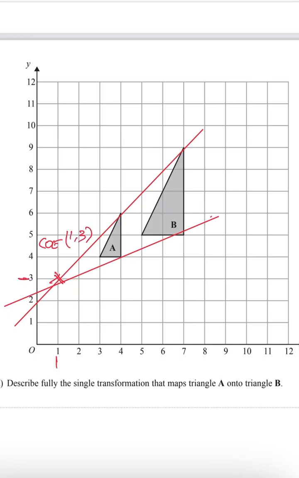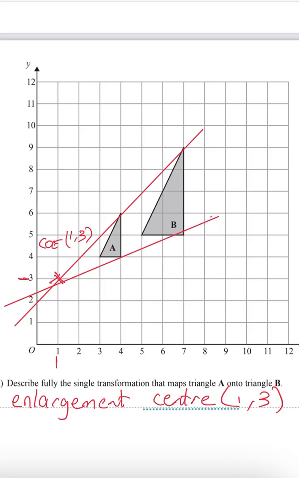So we're going for an enlargement, center, 1, 3. Now our scale factor. Let's choose, again, a vertical line just because there's the biggest one. That's 2 units. Again, check your scale. It goes 4 to 6, so we definitely are going 2 units.